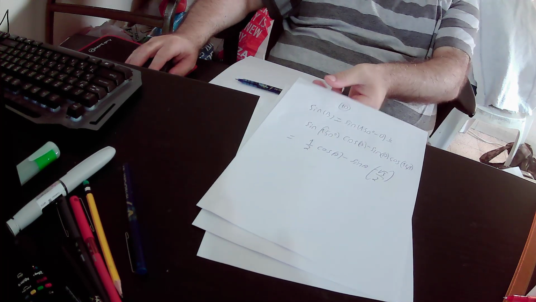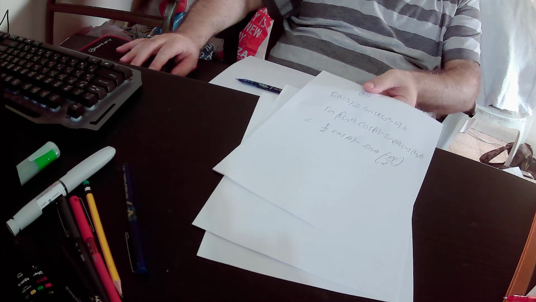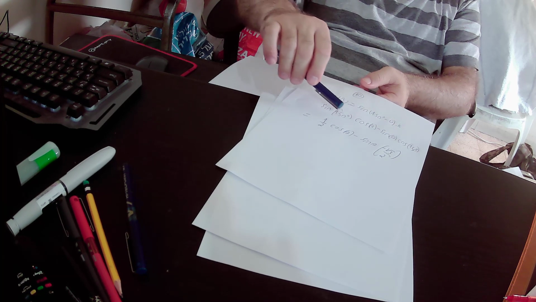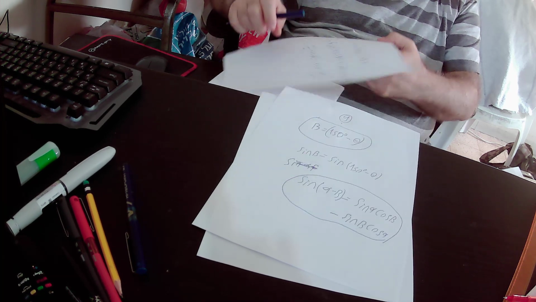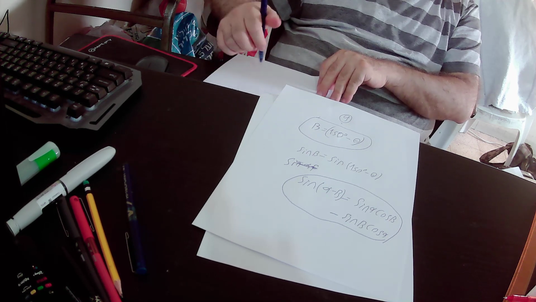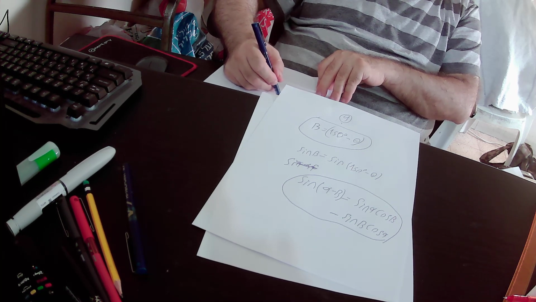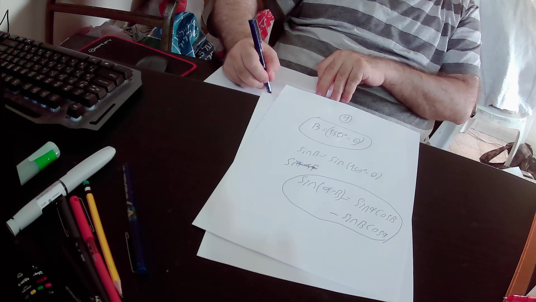Now we have the values of cos theta and sin theta, so we can substitute cos theta by its value, and we substitute sin theta by its value. We know that cos theta equals 2 over root of 7, so in total we get 1/2 times 2 over root of 7.